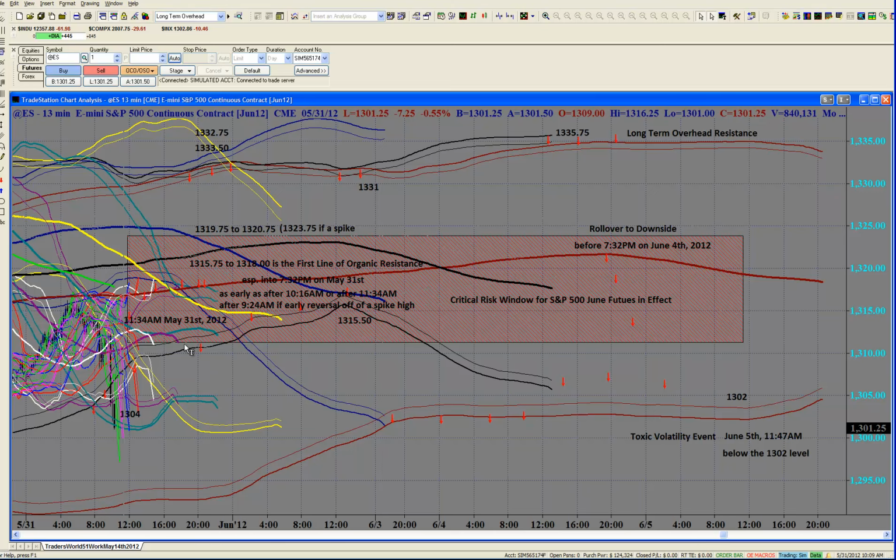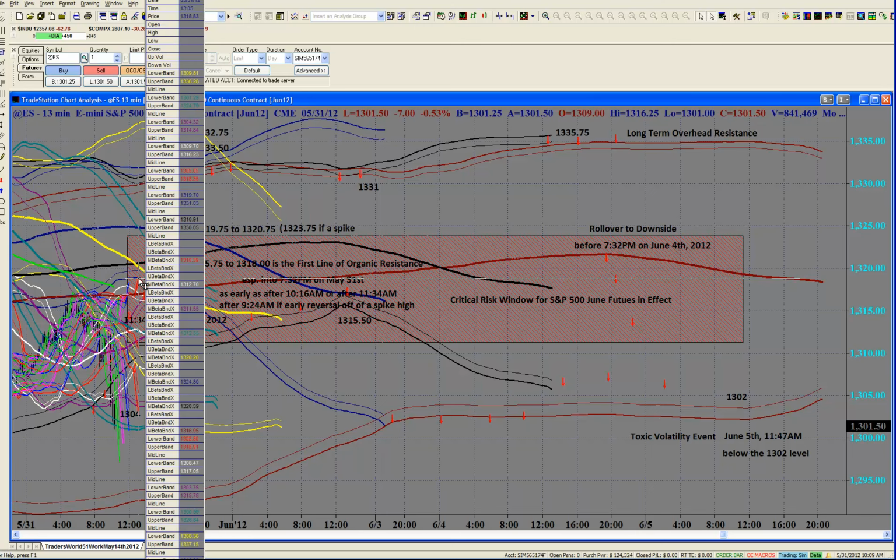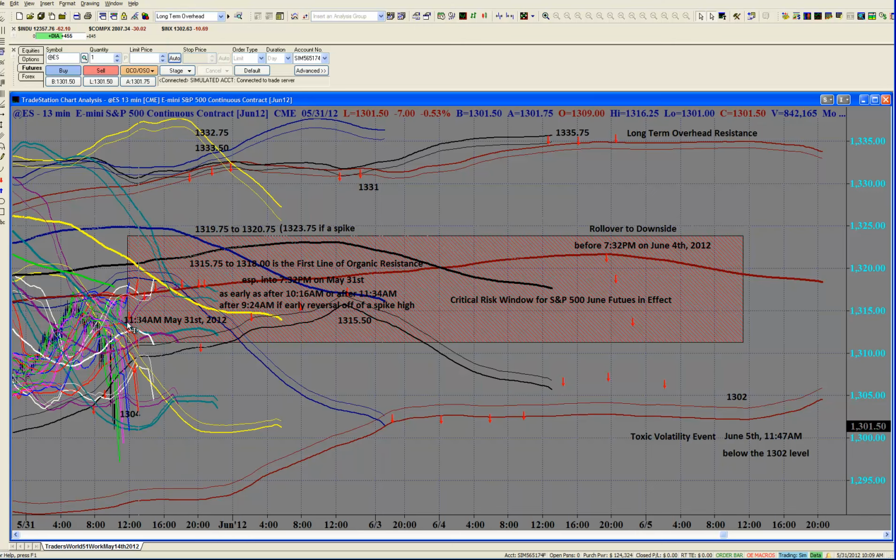Now on this map over here, 11:34 in the morning on May 31st, there's some enhanced risk potential, which basically means that any intraday rallies could be fiercely met by selling as you go beyond the 11:34 area.